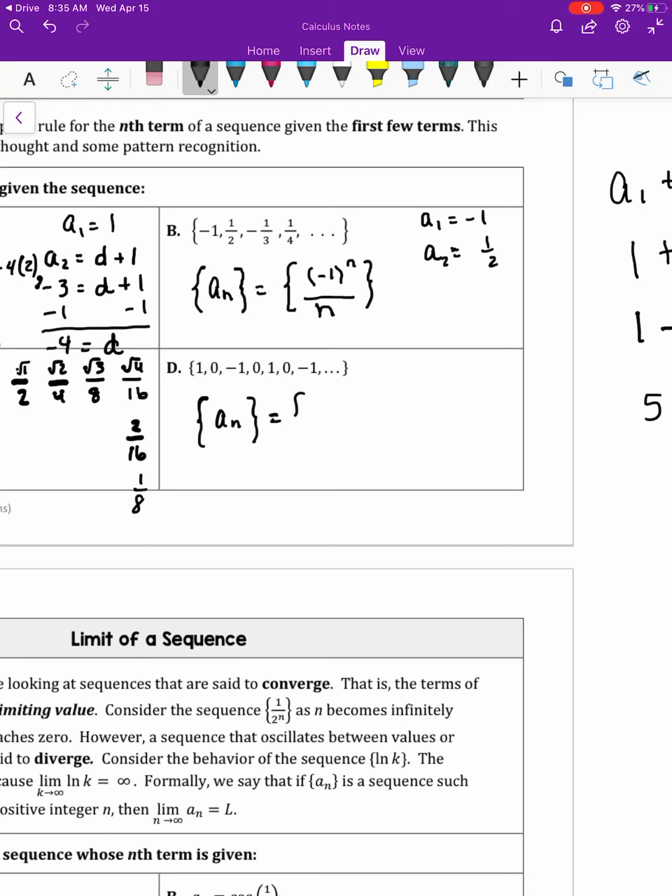Any function that you can think of. How about sine or cosine? So I chose sine.